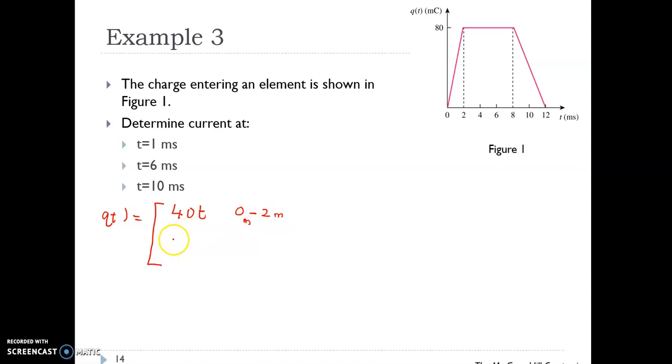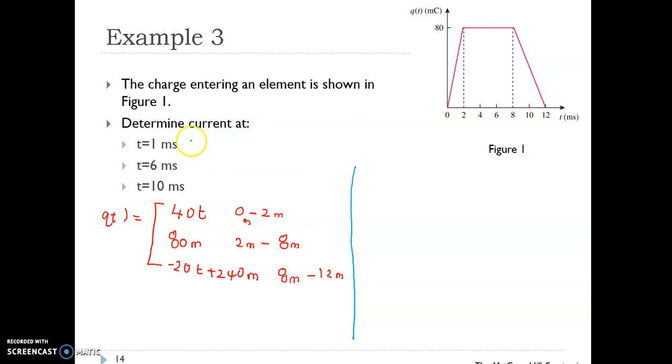Okay, and then 80m from 2m until 8m, and negative 20t plus 240m for the case of 8m until 12m. Okay, so that's the equations for your charge from 0 until 12.